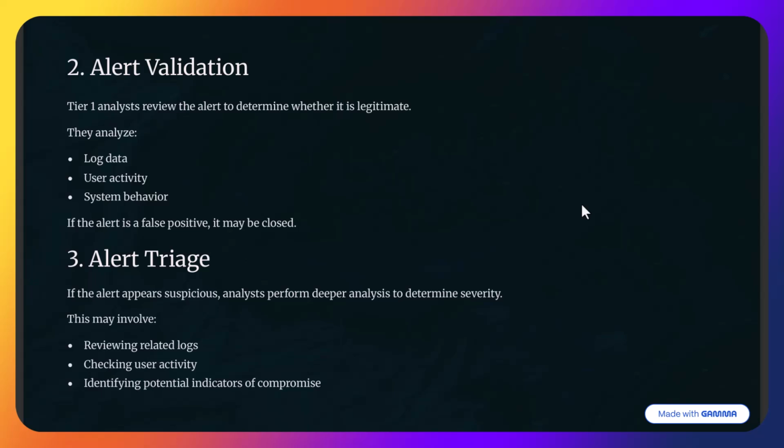Okay? Triage means prioritizing and categorizing alerts based on their severity and urgency. At this stage, analysts perform deeper analysis to determine how serious the alert is. This may involve reviewing related logs.